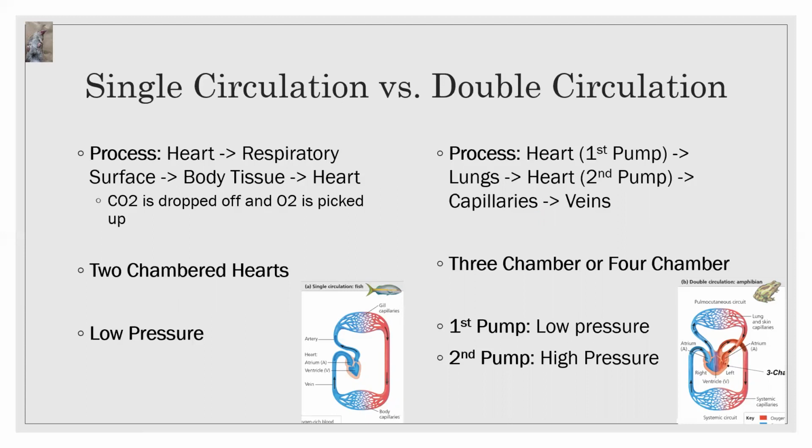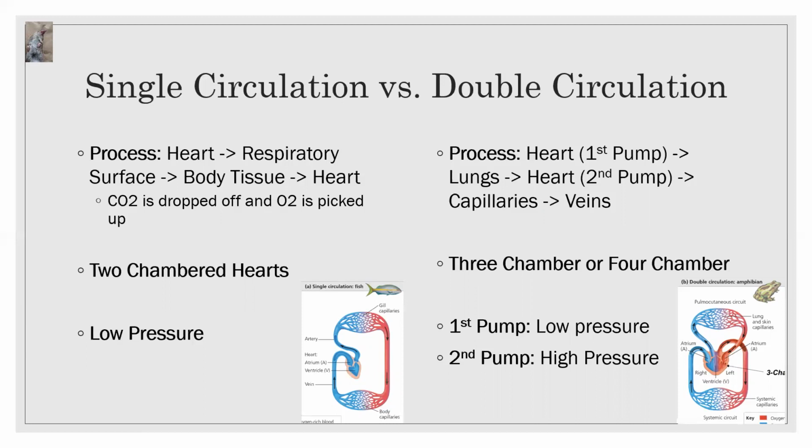So now let's look at double circulation. The process here is that the heart will pump one time. The blood will then go to the lungs and perform the CO2 drop off and O2 pickup, and the oxygenated blood will go back to the heart. The heart will pump a second time and send this oxygenated blood into the capillaries to do diffusion, and finally back to the veins where it'll get sent back to the heart.